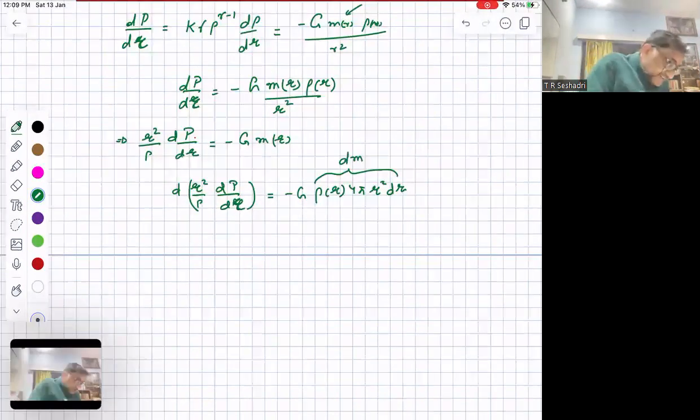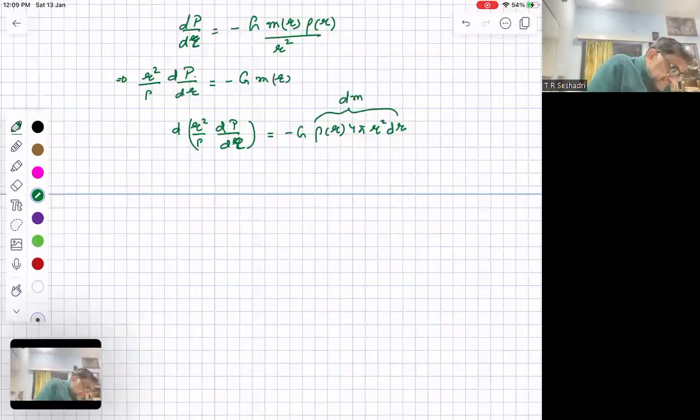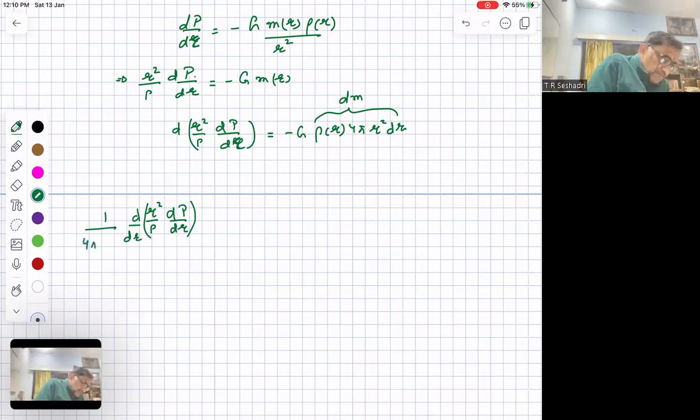And so I can write this in a slightly different form, which is d by dr of r square by rho dP by dr, times 1 by 4 pi r square, is equal to minus G rho of r.